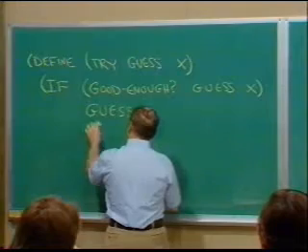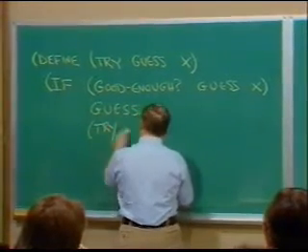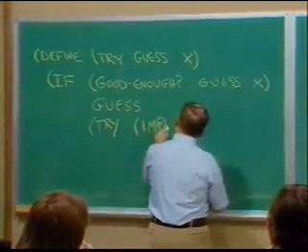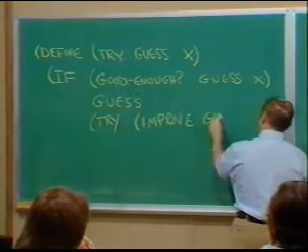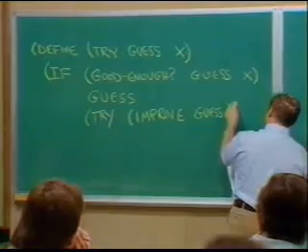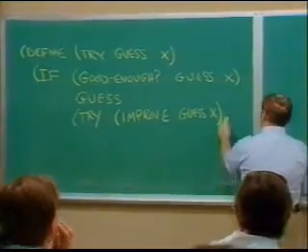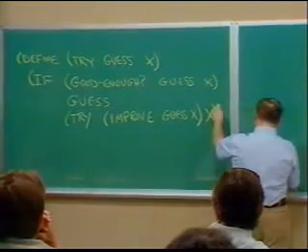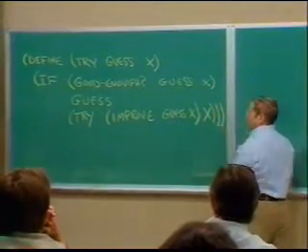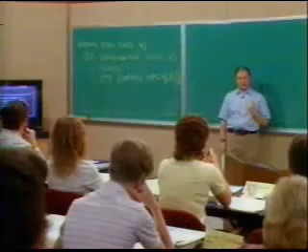Otherwise, we will try the improved guess. We'll improve that guess for the square root of x, and we'll try that as a guess for the square root of x. We'll close the try, close the if, close the define. So that's how we try a guess.